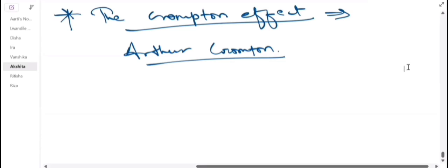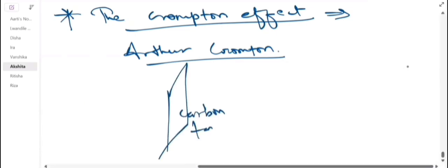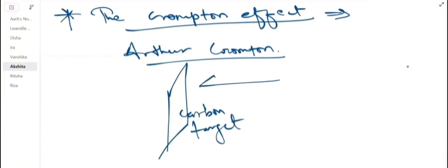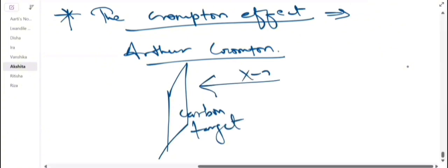How does it get conserved? Suppose we take X-rays scattered by a carbon target, and the wavelength of that scattered photon changes, so the effect cannot be explained by diffraction. I'm saying X-rays get scattered by the carbon target. Here I have a carbon target, and X-rays are scattering over it.